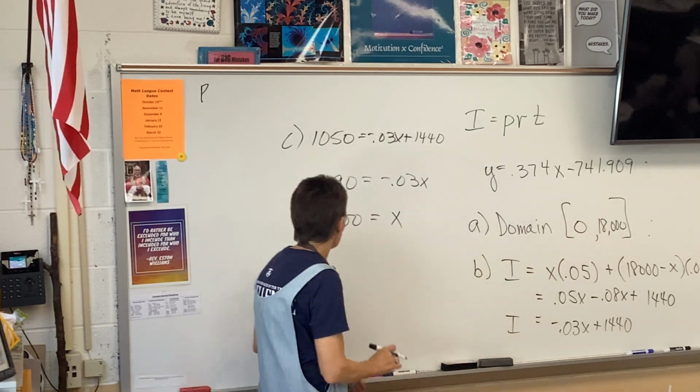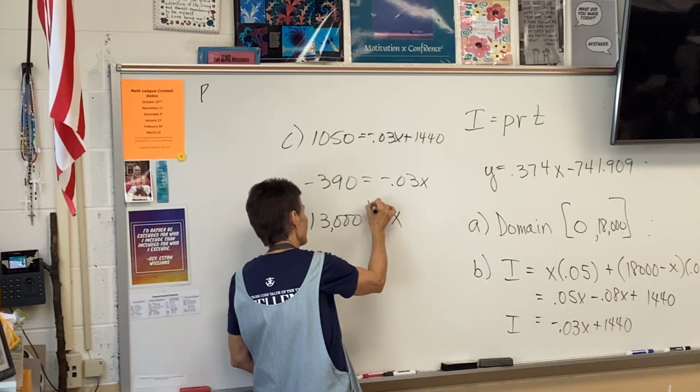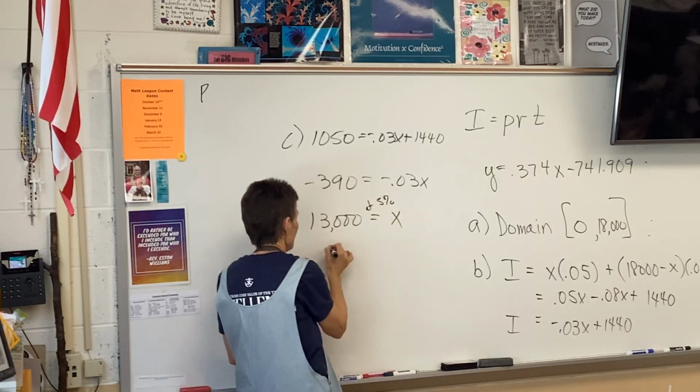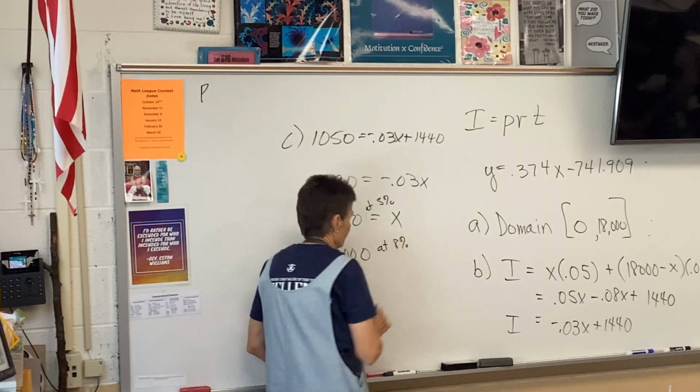Each account. So this was the 5%. And then she must have put in 5,000. Okay, 8%.